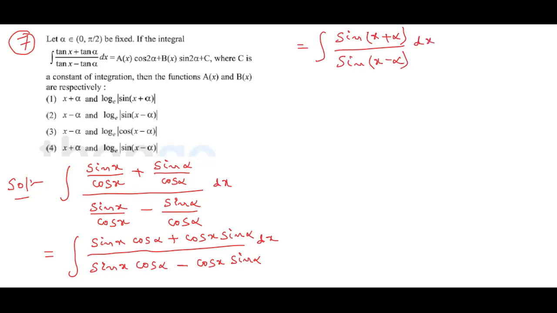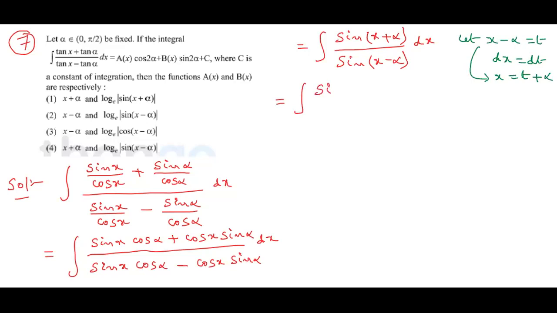Now, how to do this? Let x minus alpha be equal to t. Do the differentiation: dx is equal to dt. And here one more step. What is the x value? That is t plus alpha. Substitute the x value in the numerator.